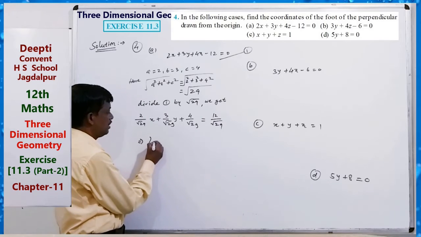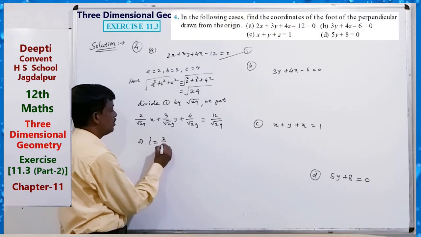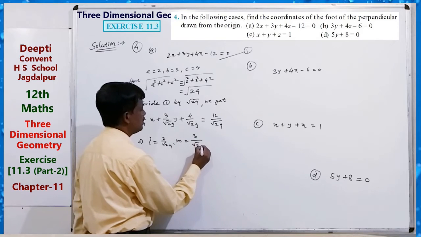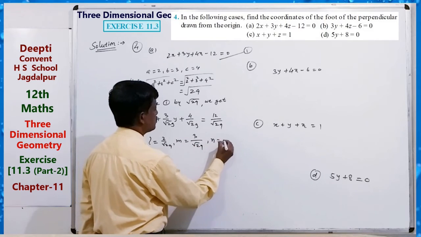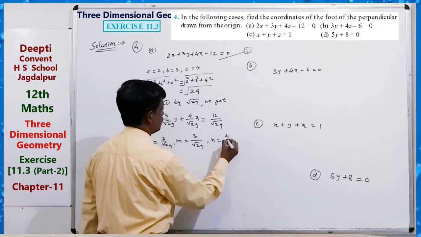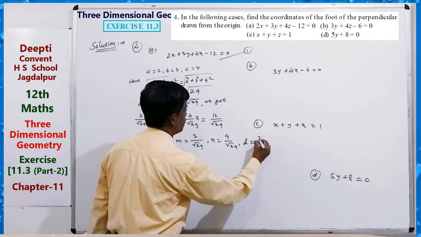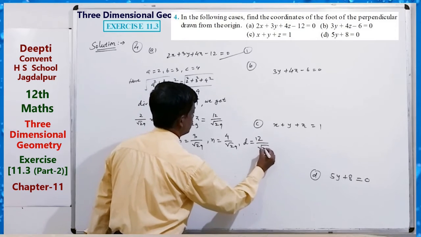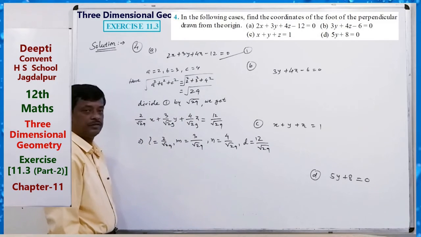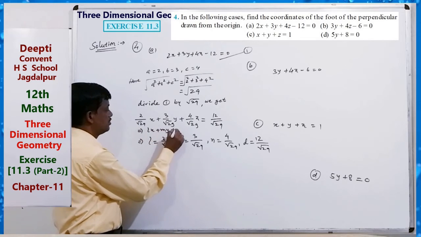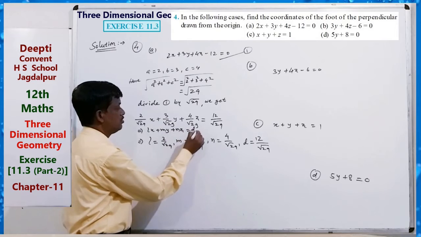This implies L equals 2 by root 29, m equals 3 by root 29, n equals 4 by root 29, and d equals 12 by root 29. This is Lx plus My plus Nz equals d.